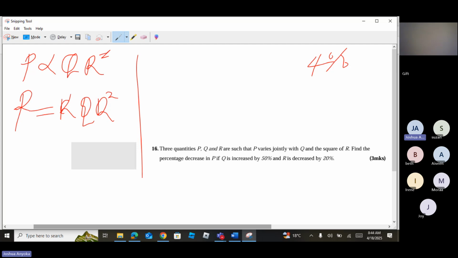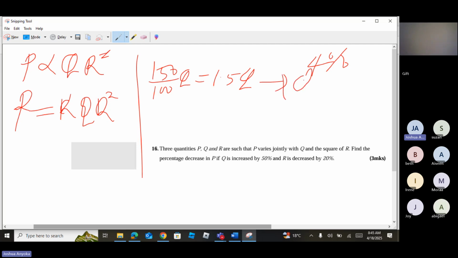Q is increased by 50%, so it is 150% of Q. This one gives us 1.5 Q, and that is now Q after the change. And R decreased by 20%, so R becomes 80% of R. This is 0.8 R, R after the change.